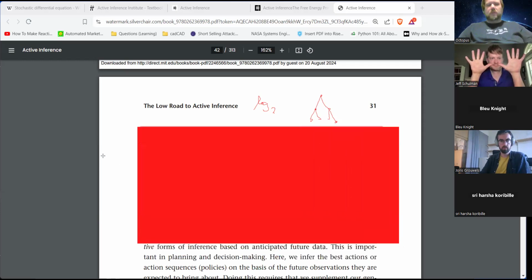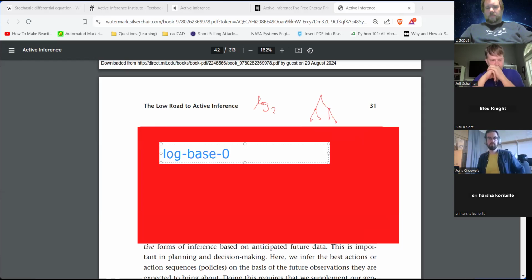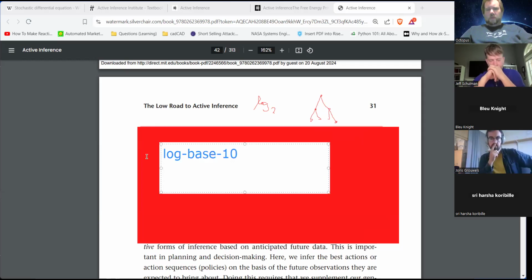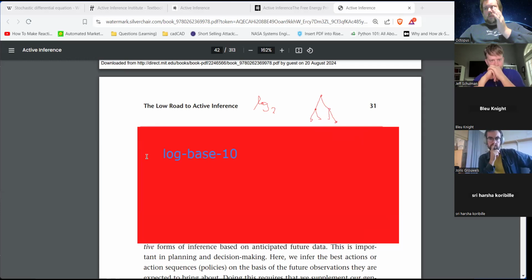We have 10 fingers, and the metric system is based on that. So are we looking at kilometers or centimeters or millimeters? Log base 10 does a very good job of telling us immediately what scale we're on, where scale is a metric system type scale or number of digits in the number. Here we're looking at number of bits.